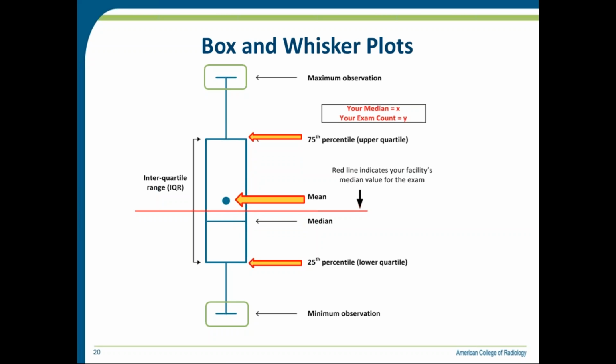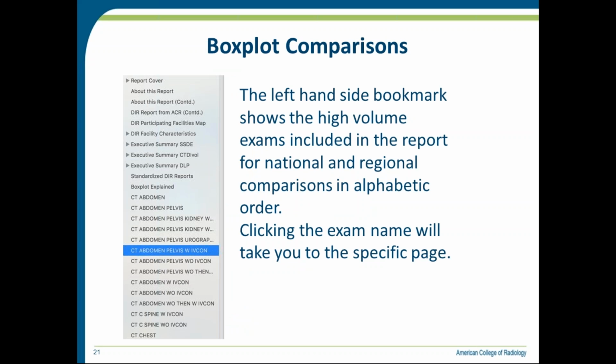The blue dot is the mean, and the blue line is median. Your facility median is represented by the red line, as you can see across the box. So those are the parts of a box plot.